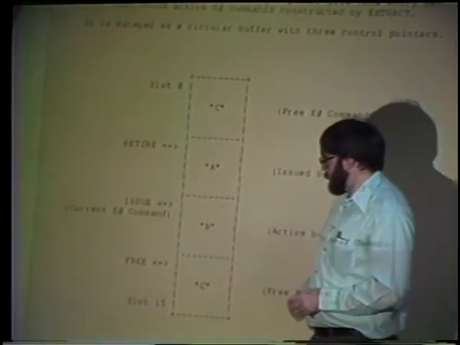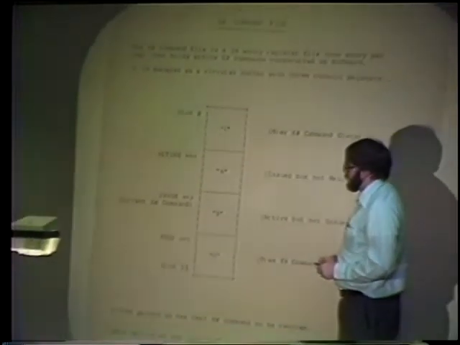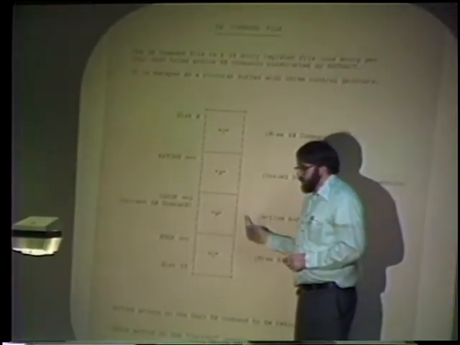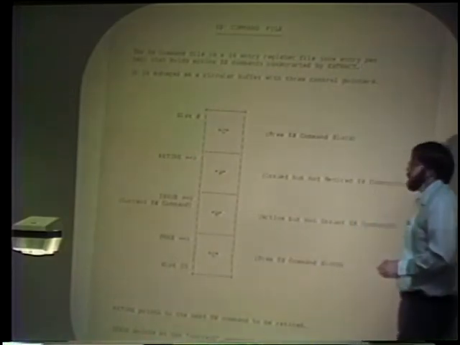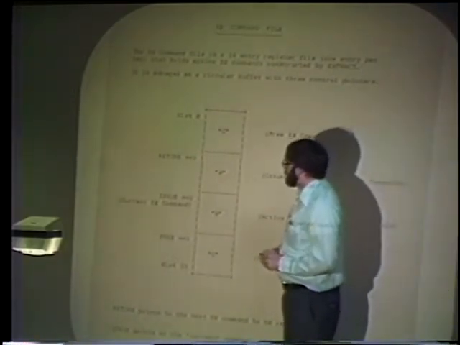The issue pointer is controlling the current E0 command as far as E0 is concerned, and it governs basically what piece of interlock checks have all the operands arrived, are all the registers available. If you write the register, it'll stall until the write completes. And so each cycle it is trying to check the validity codes for an E0 command, and when they all clear, it goes, and the issue pointer gets bumped.